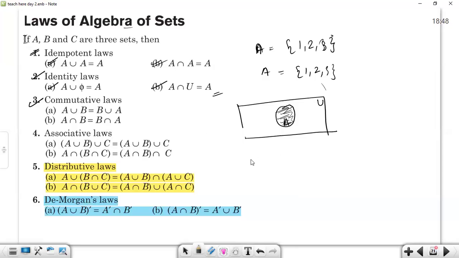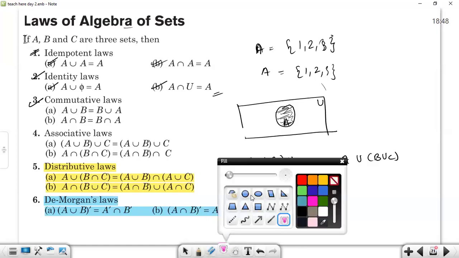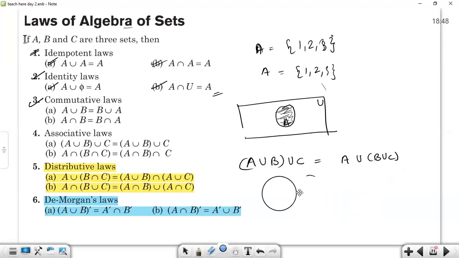It should be written like this: A union B, then with C, is similar to writing A unified with B union C. So this is A, and this is B.